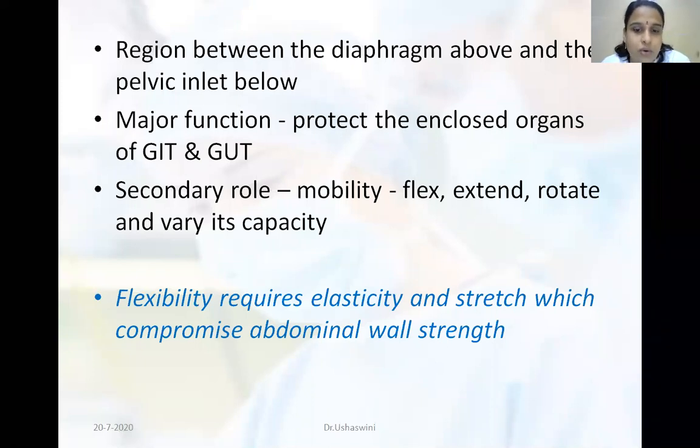It also has a role of mobility to allow for flexion, extension, and rotation of the torso. It also has an ability to vary the capacity. This flexibility function of the abdominal wall requires elasticity and stretch, which compromise the abdominal wall strength.